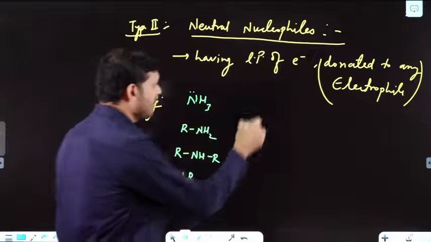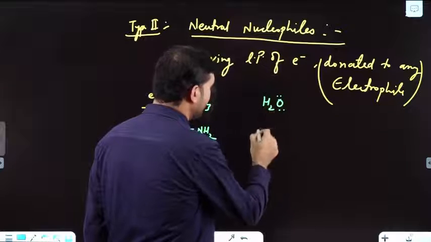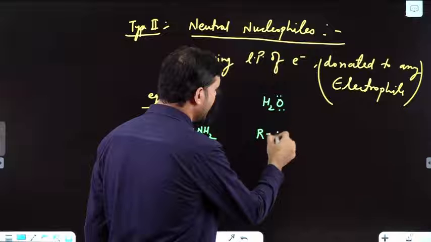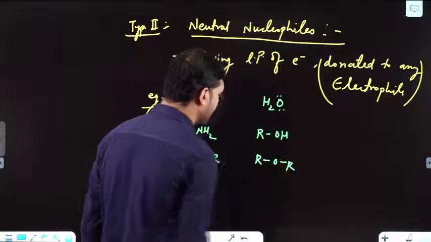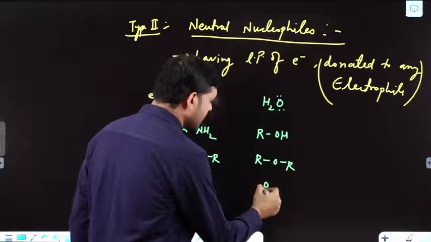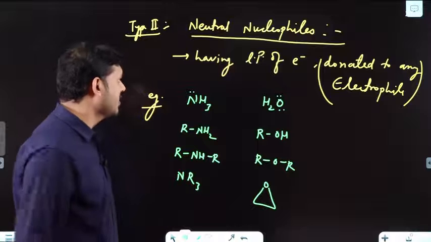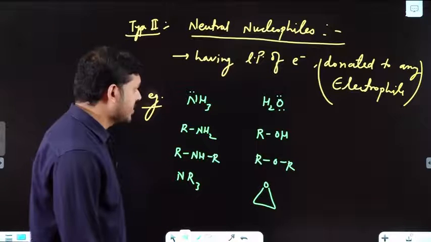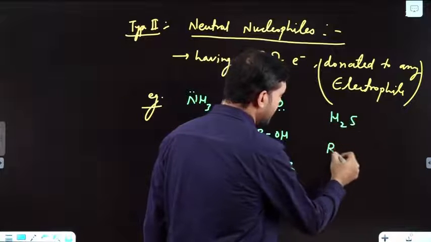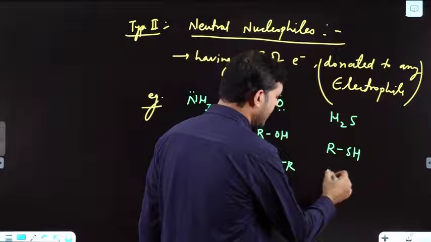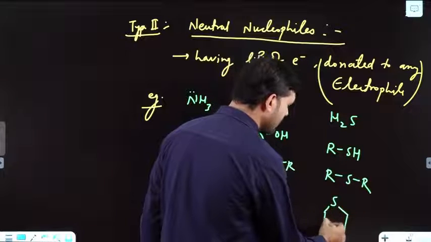Okay, now if I say water, it is having lone pair, then its alkyl part ROH, it may be ether ROR. Okay, I can say cyclic ethers as well. This is your oxirane. So all these are lone pair carrying groups. Now if I say H2S, then it's again RSH, then RSR, then thioether, cyclic part as well.